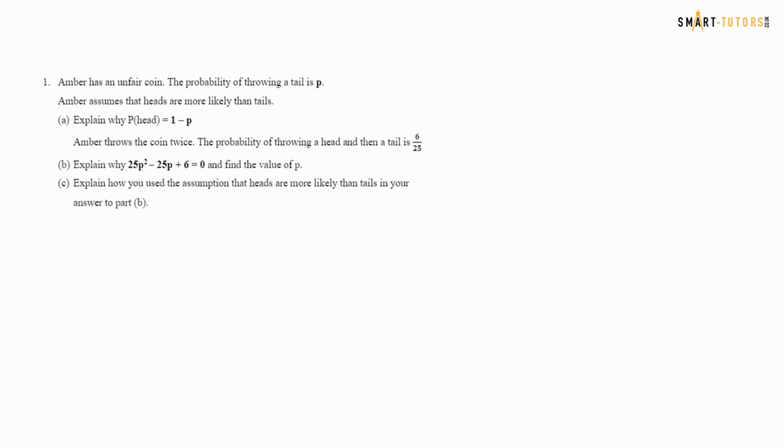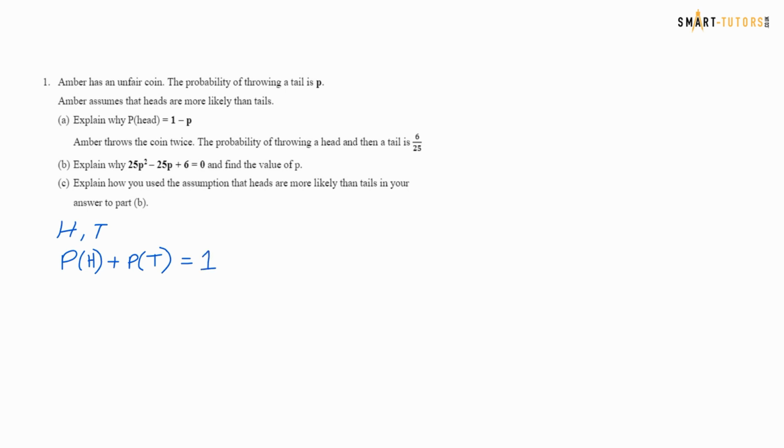What we want to do is, in the event of throwing a coin, there are only 2 possible things that happen, head and tails. So head and tails are the outcomes of throwing the coin. So probability of head plus probability of tail adds up to 1. That is the rule of thumb.